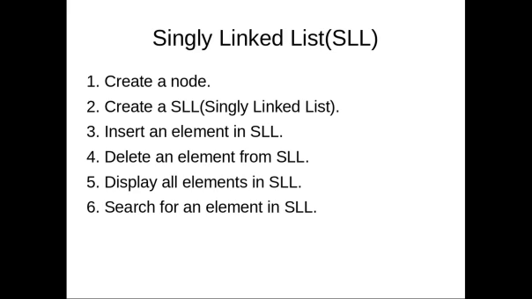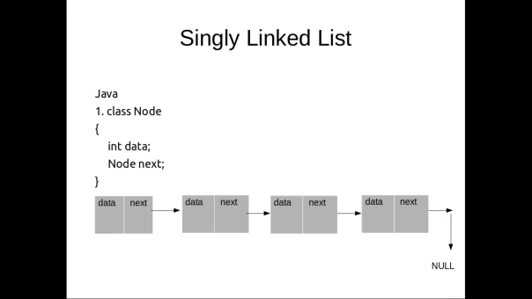First of all, how to create a node. Now look at this class. Now tell me, in Java how will you create a node? Any suggestion? How do we create a node?